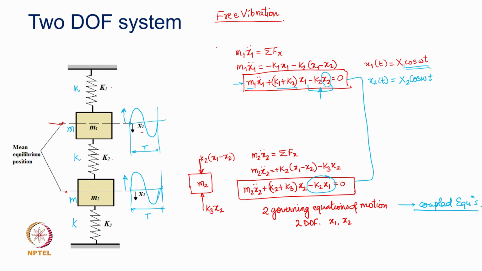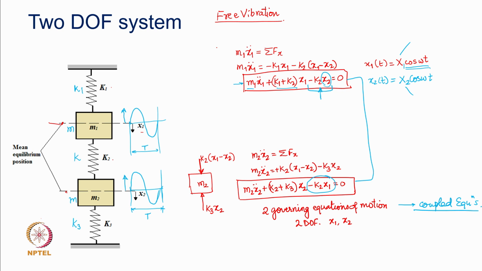Now, here of course, we have assumed k 1 and k 3 to be k, but if the stiffnesses are different, maybe this is k 1 and this is k 3, then perhaps the amplitude could be different. Okay. So, we are considering here a case where the two masses move with the same frequency, okay.